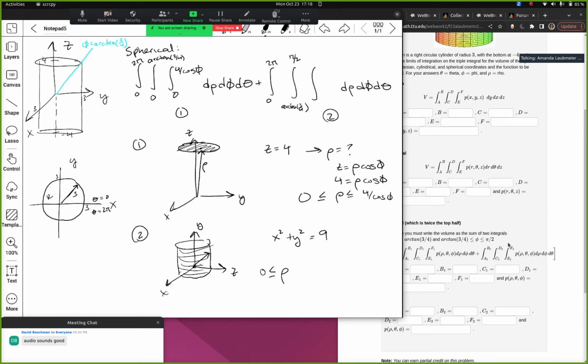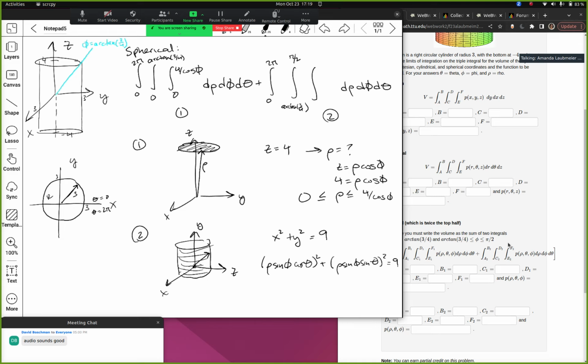For the second part, I'm just going to go ahead and erase this right away because I know there's not enough space. We know that x is equal to rho sine phi cosine theta, and that y is equal to rho sine phi sine theta.